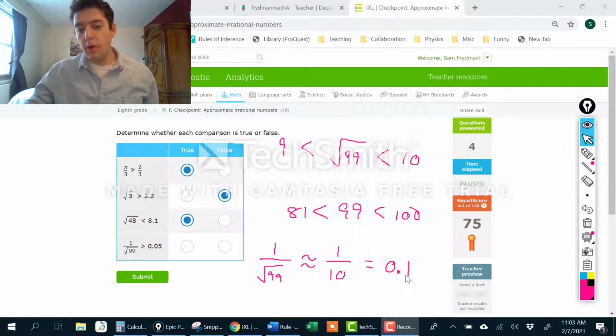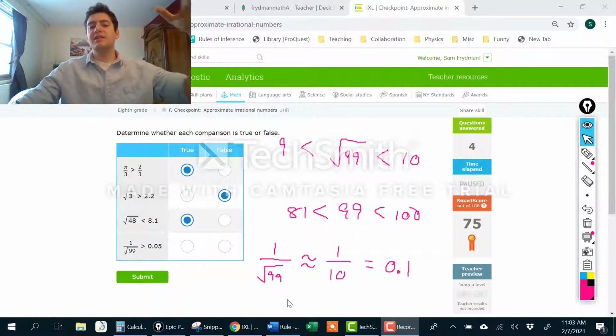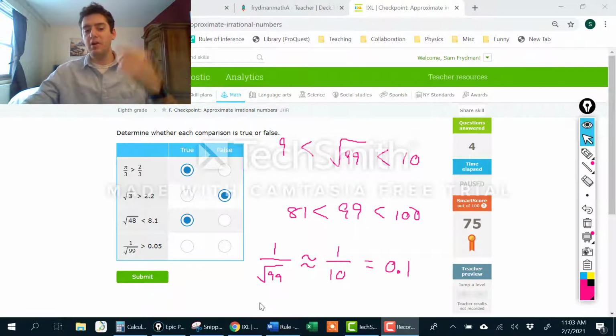And 0.1 is greater than 0.05. And in fact, 1 over the square root of 99 is a little bit more than 1 over 10. How do I know that? Because anytime I take a number and I divide it by something, and then I take that same number and I divide it by something which is smaller, I'll get a bigger answer.